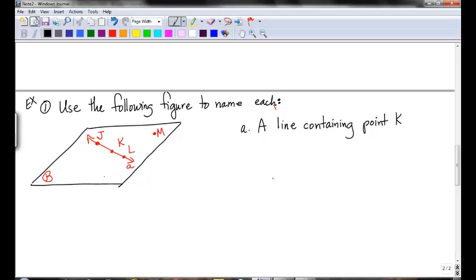Okay, now we're going to go through several answers. What's one way, raise your hand, what's one way to name that line? Tanner. Nope. 2 letters. Pick 2. Any 2 of those 3. JK.